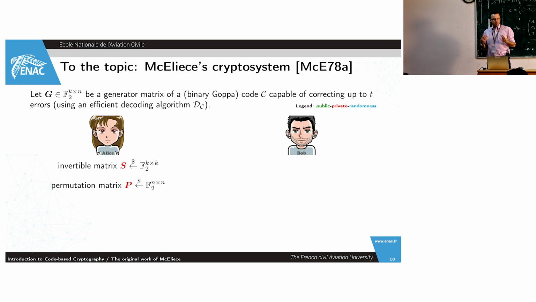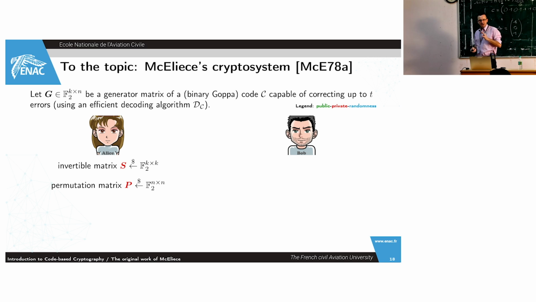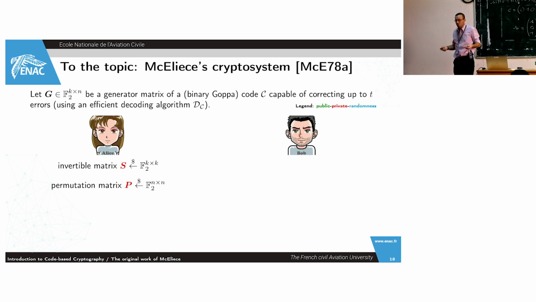She takes her matrix G, which she has to keep secret because it gives the decoding algorithm, and she wants to publish a disguised version of the code. So she will compute S times G times P. We denote this G tilde, and she publishes G tilde and T, the capacity of the code.